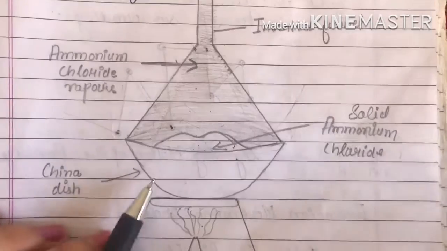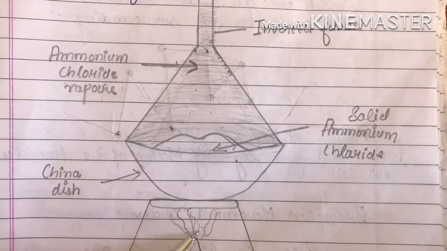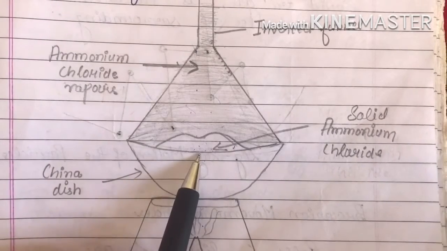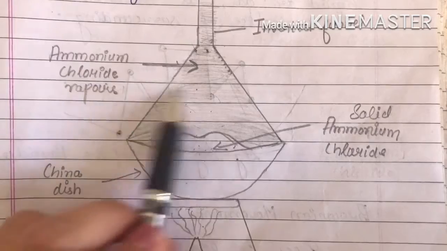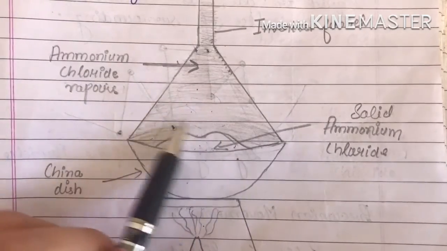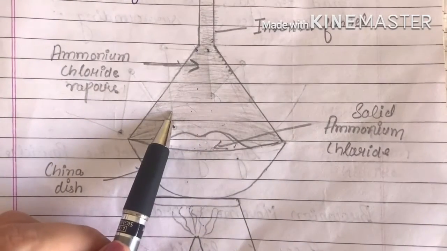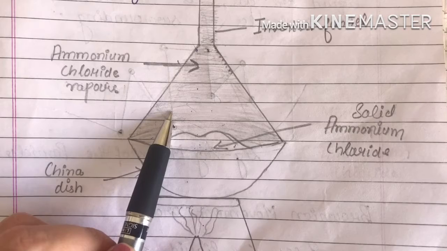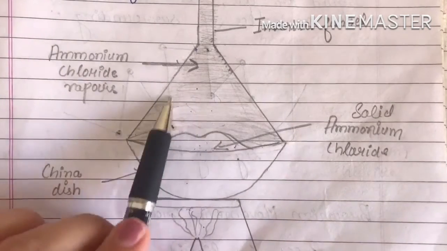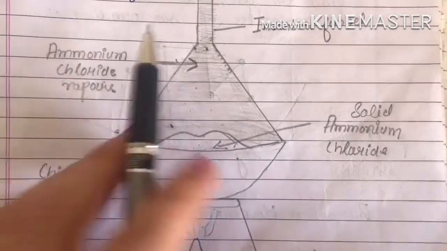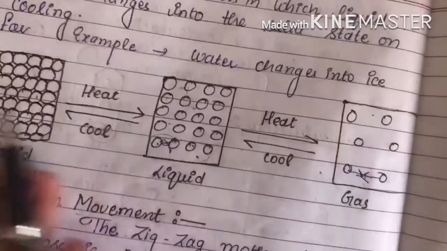So after heating, what will happen? The solid ammonium chloride changes into ammonium chloride vapors. These are the vapors of ammonium chloride, okay. So this is the process of sublimation in which the solid changes into the vapor state without passing through the liquid form.